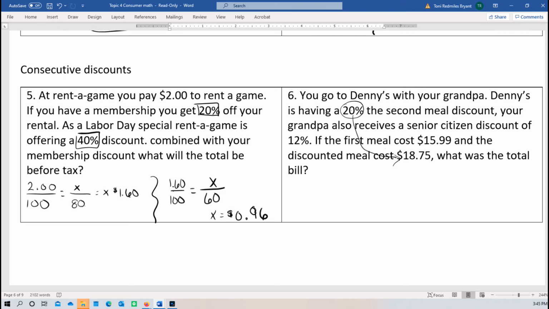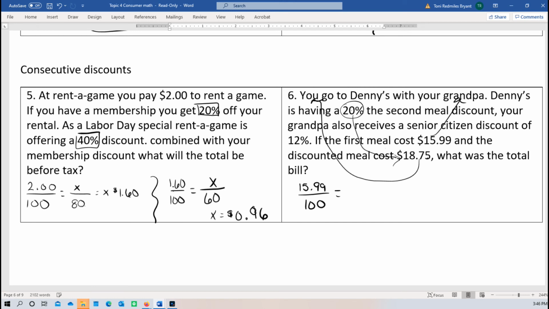All right, so we have two different meals being discounted. So we have to do these differently. This is your grandpa's, and this is you. Okay. So first, let's do grandpa's meal. Grandpa got a meal for $15.99, and because he's a senior citizen, he gets a discount of 12%.